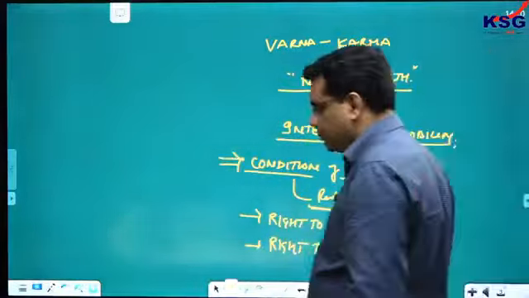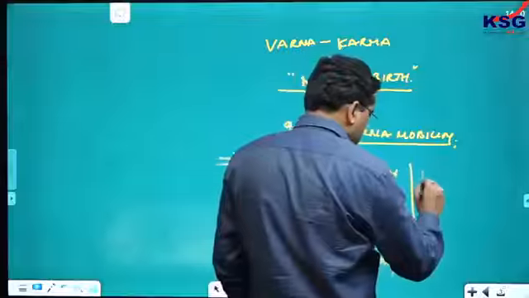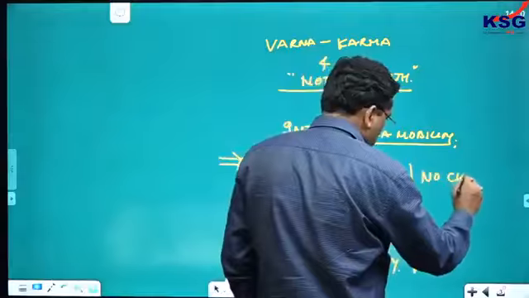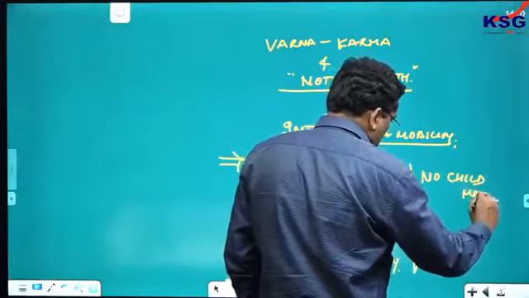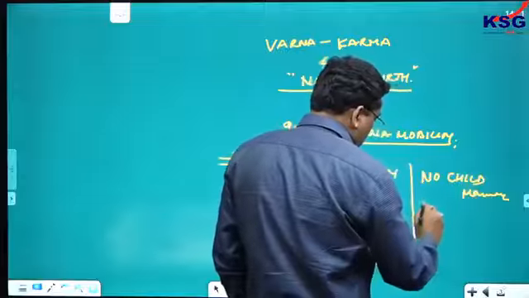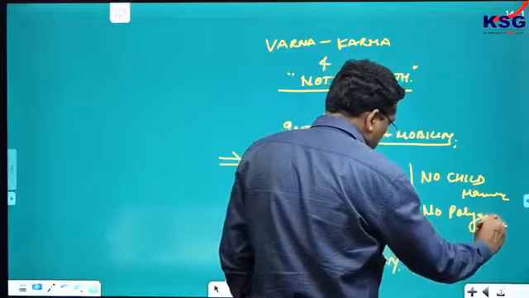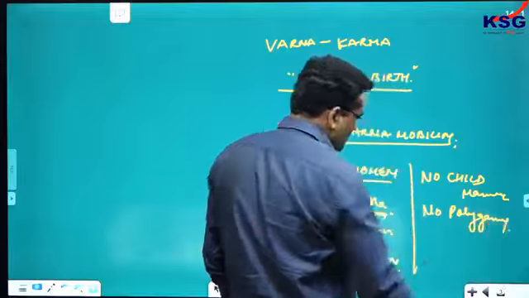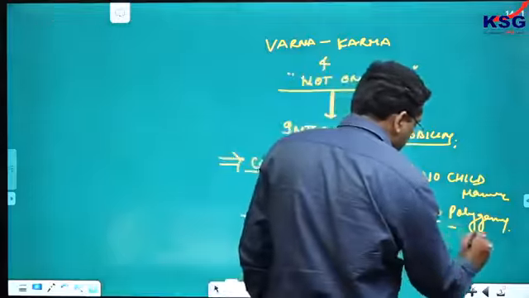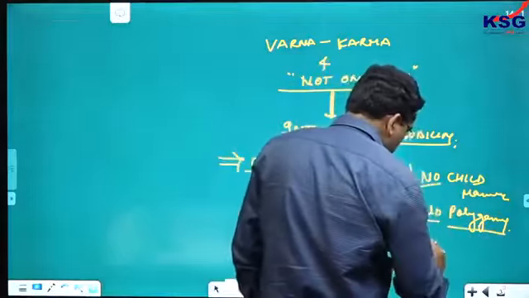There was no child marriage, no polygamy, meaning many males marrying many women, and the reverse is also true.